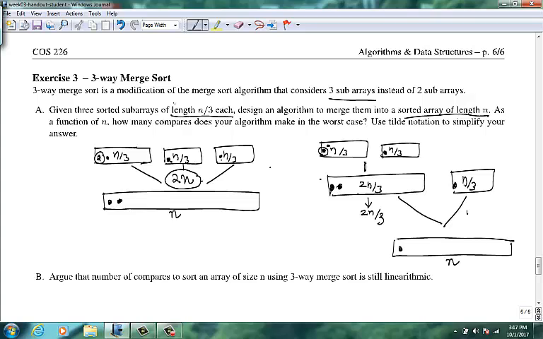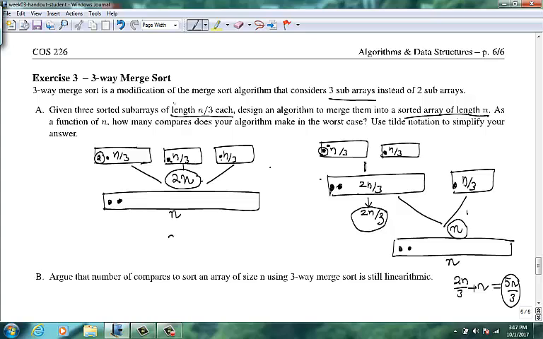Since each of these requires one comparison, and you have to create an array of size n, you would require a total of n comparisons. Since we did 2n over 3 before, and now n again, you would require 2n over 3 plus n comparisons according to that algorithm. So that would be 5n over 3 comparisons.